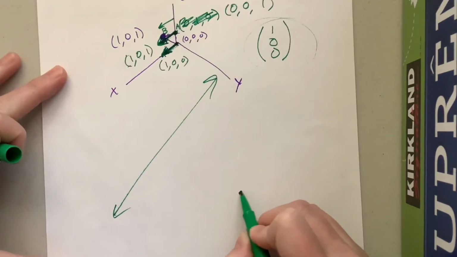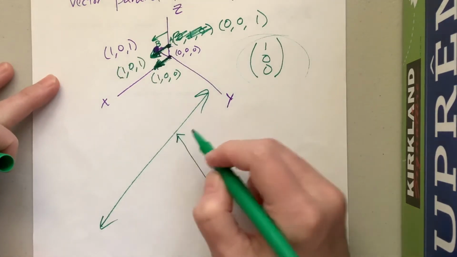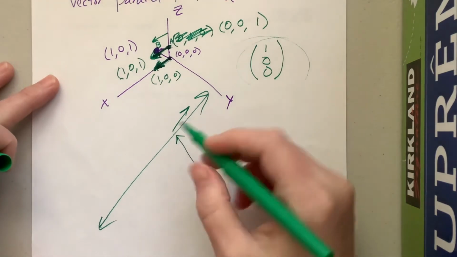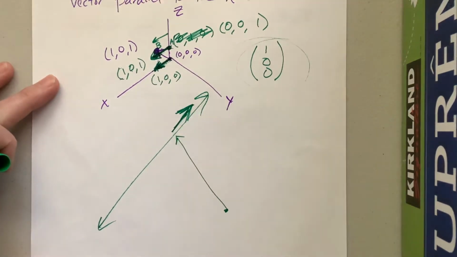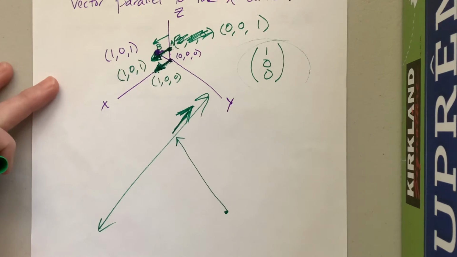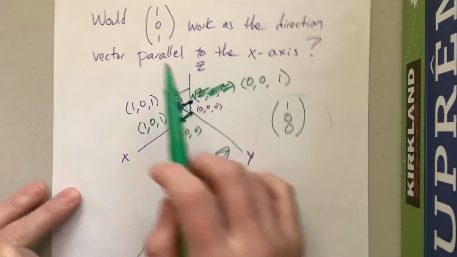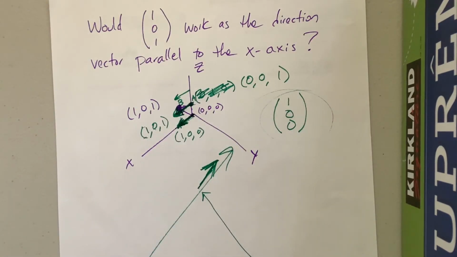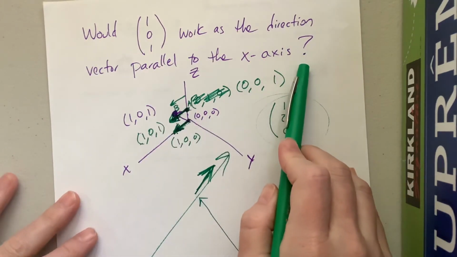If I've got a line in space somewhere, here's the origin, I have to say, okay, first get to the line and then travel up and down it, because this vector right here is not nailed down to a particular spot in space. So same idea here. This is a long way to say no.